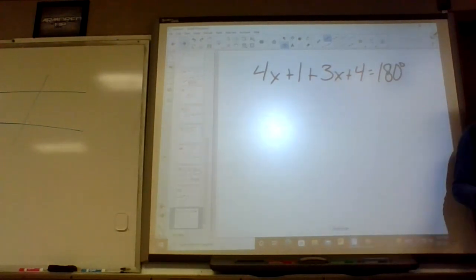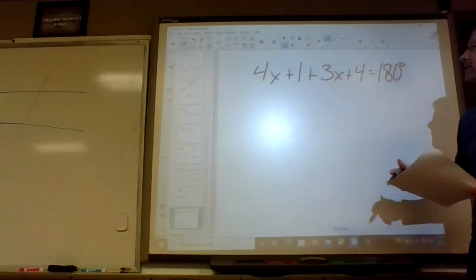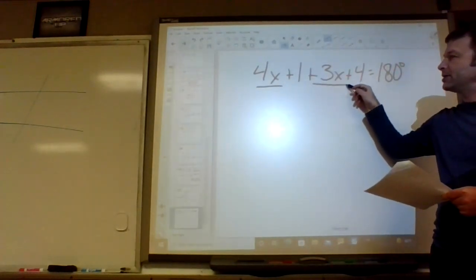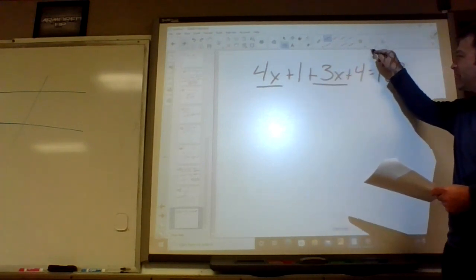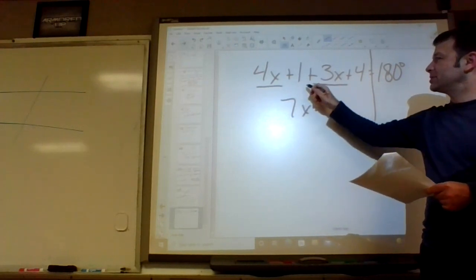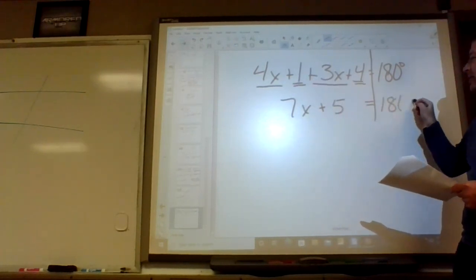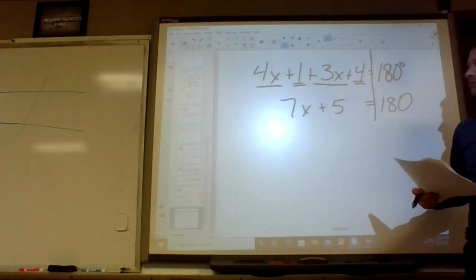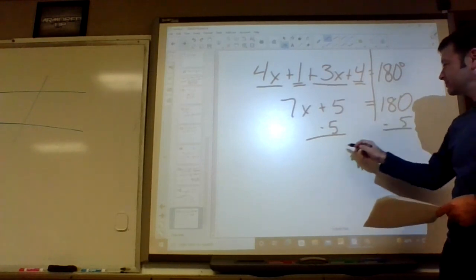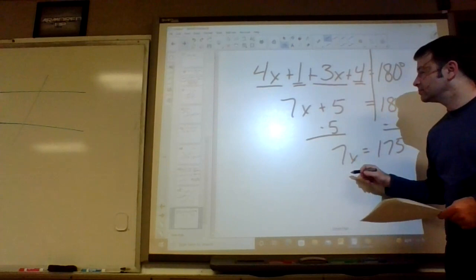They're on the same side, so you just put them together. On the left side, 7x plus 5 equals 180. Minus 5, 175. Divide by 7, 25.